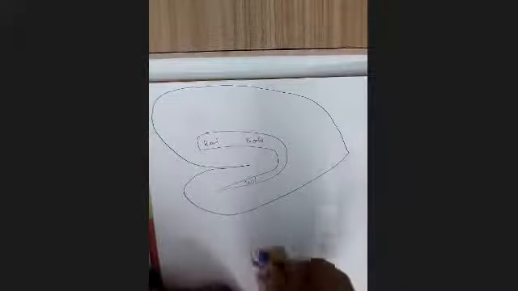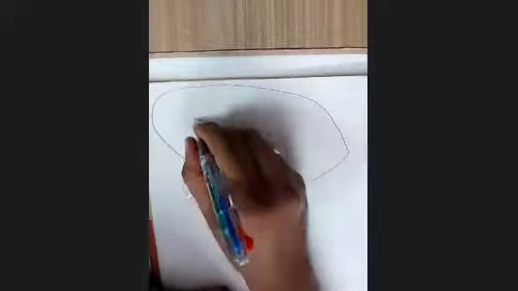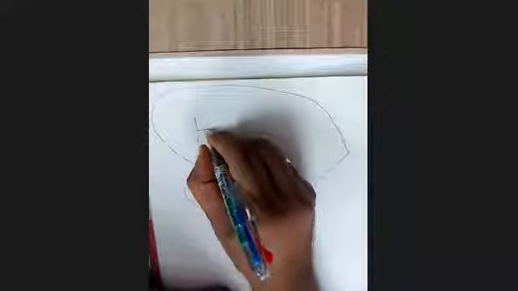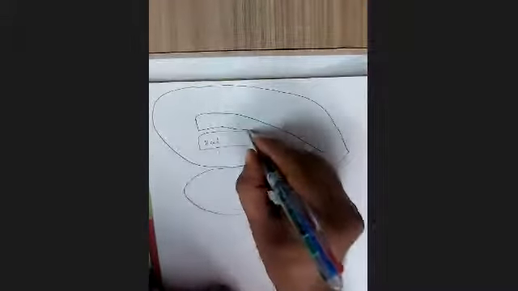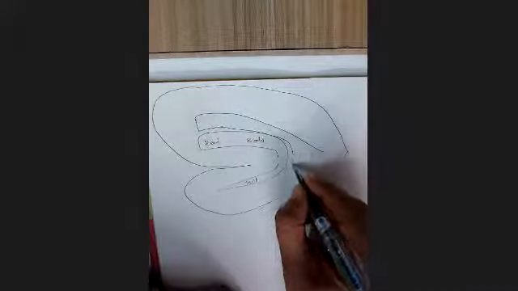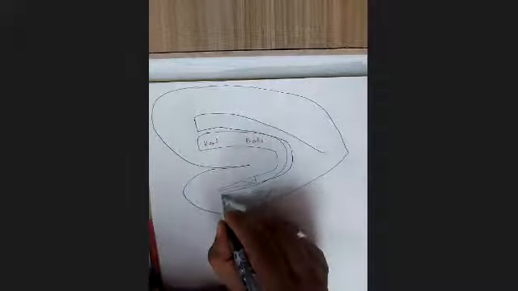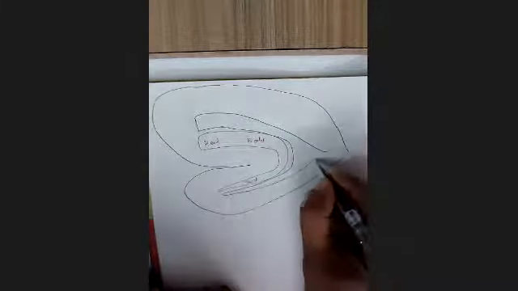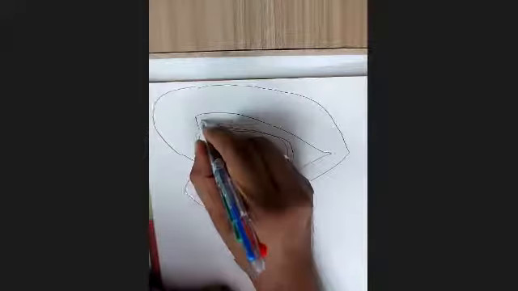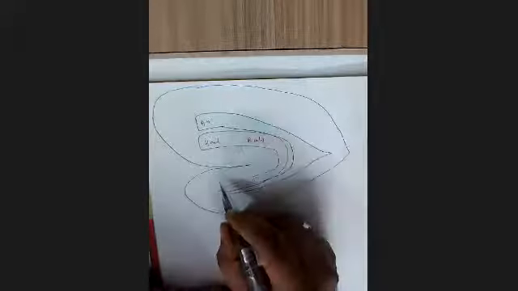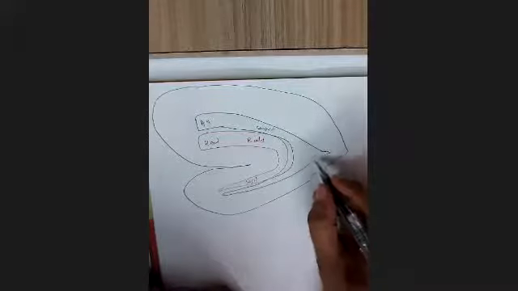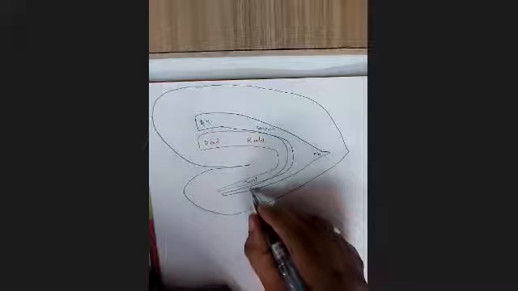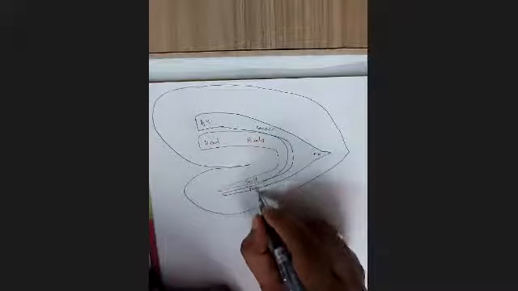And the lateral ventricle is here. The lateral ventricle is above the caudate nucleus. The lateral ventricle has an anterior horn, a central part, a posterior horn, and an inferior horn.